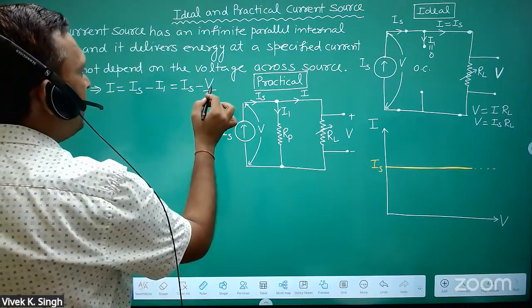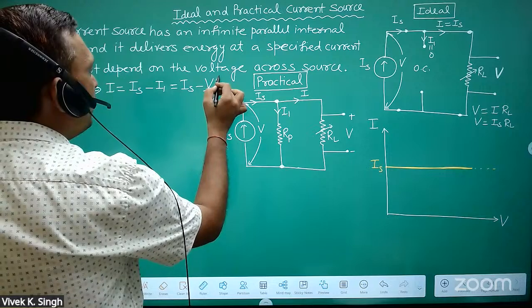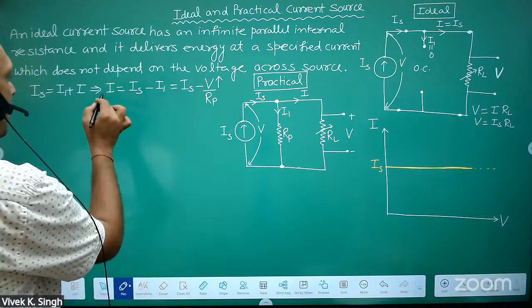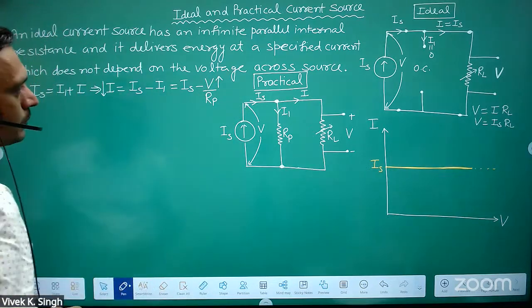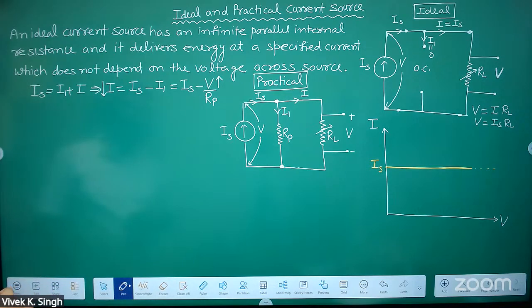So if V increases, अगर V की वैल्यू इंक्रीज होगी तो क्या होगा, करंट की वैल्यू डिक्रीज होगी, है कि नहीं?